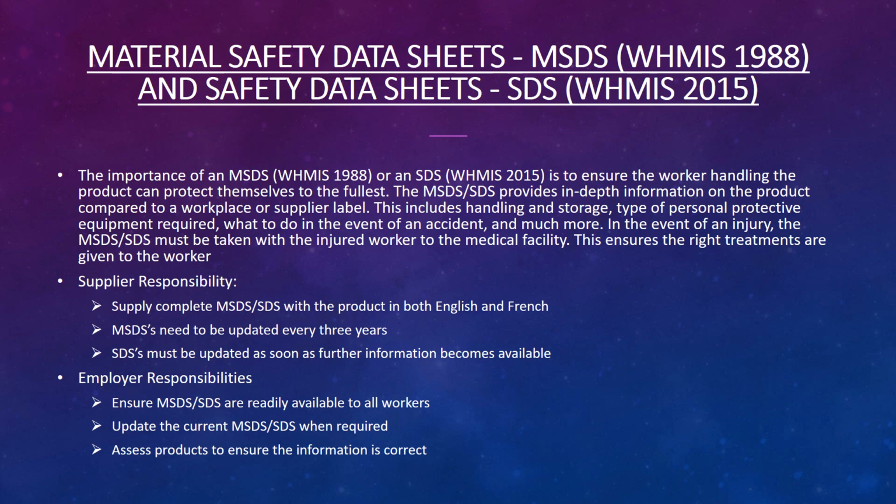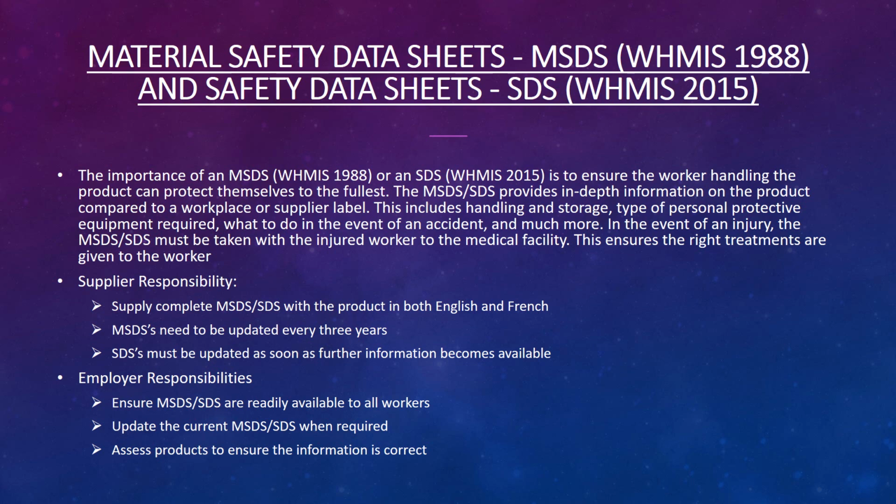Supplier responsibility: supply a complete Material Safety Data Sheet or Safety Data Sheet with the product in both English and French. Material Safety Data Sheets need to be updated every 3 years. Safety Data Sheets must be updated as soon as further information becomes available.